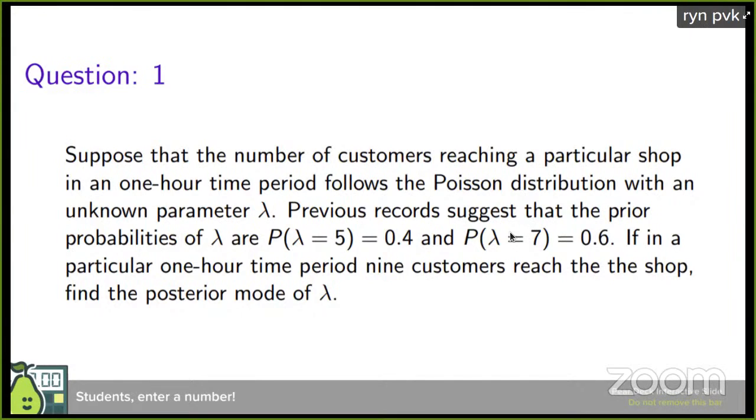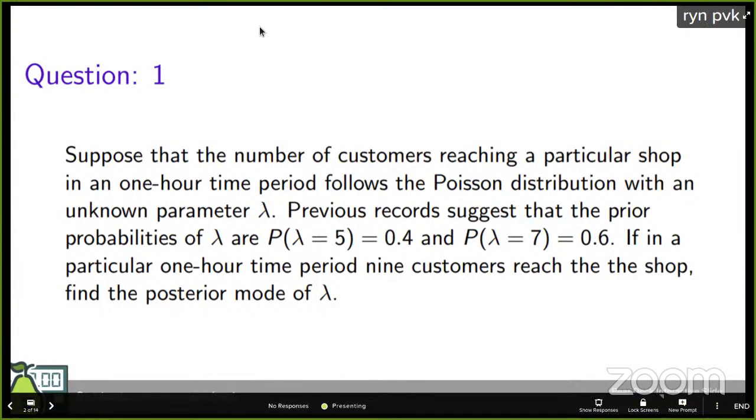Correct. So you have to find the probabilities when lambda equal to 5 given the sample, and when lambda equal to 7 given the sample, and then compare. Whichever has the highest probability is your posterior mode. So take 5 minutes for solving this and then we'll discuss the solution.